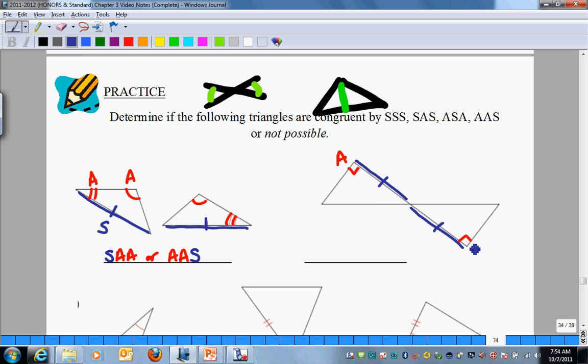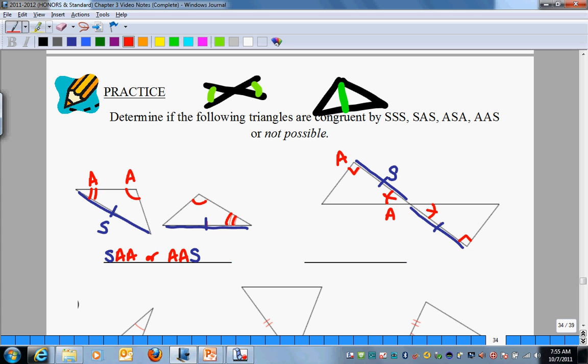Then you have a pair of congruent sides, retrace and mark those. You also need to spot your freebie. Your freebie here are vertical angles, so sweep those. Those are always congruent, even if they're not marked.